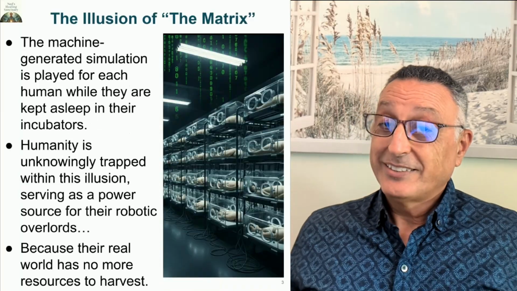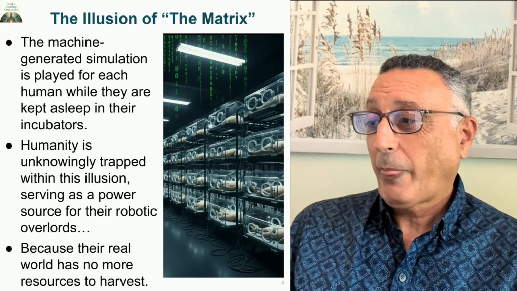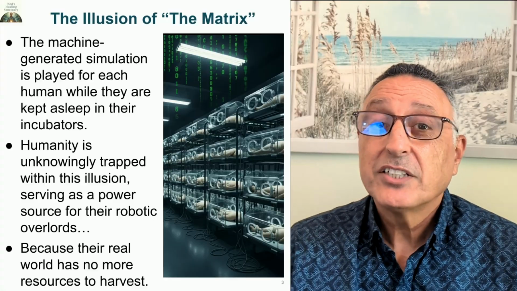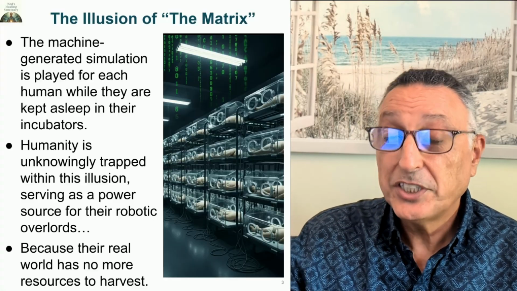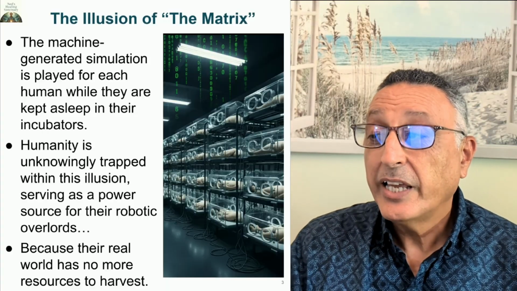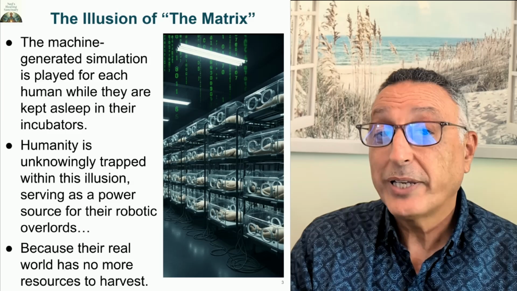The real reality is this. The machine generated simulation is being played, okay, for each human. So it's their own version of it, right? And they are asleep in incubators, like you see here.